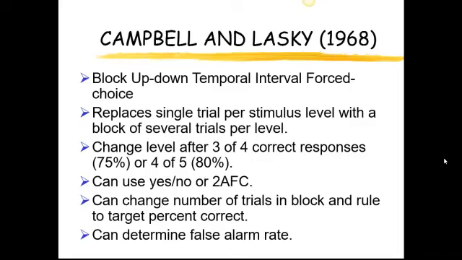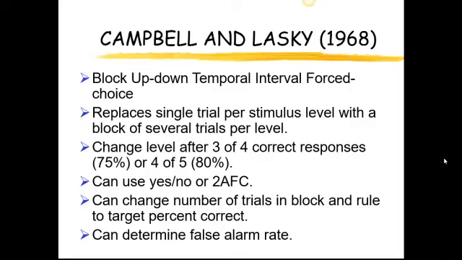And you change the level after 3 or 4 correct responses for 75% correct, or after 5 responses for 80% correct. And you can use the yes, no, or you can use a 2 alternative forced choice procedure. And you can change the number of trials in the block and the rule to target the percent correct, just like on line 3 there.